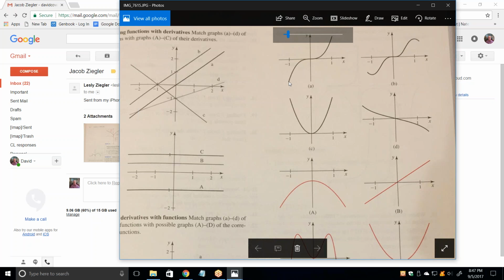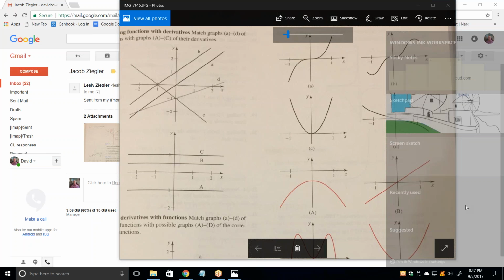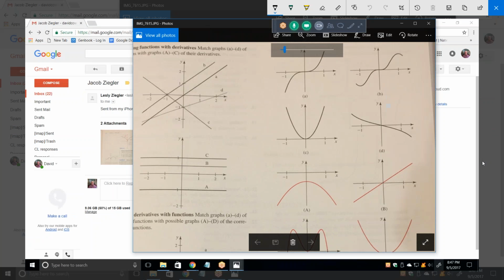Here, let me draw on this so I can point out more. Okay, so we're looking at a positive slope, right? Right. So its first derivative has to be what? Excuse me, I'm sorry, I'm confusing you probably.